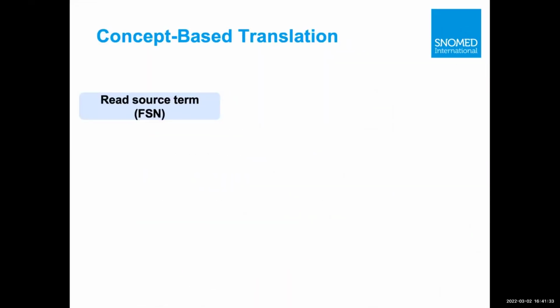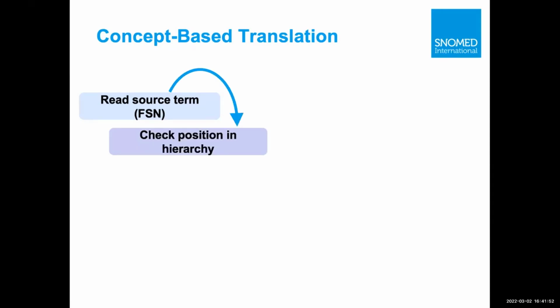Here we illustrate the steps associated with performing concept-based translation. The starting point is always the fully specified name of the concept, as this term represents the meaning of a concept in a way that is unambiguous and independent of the context in which it is used.